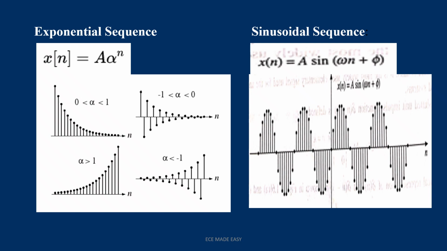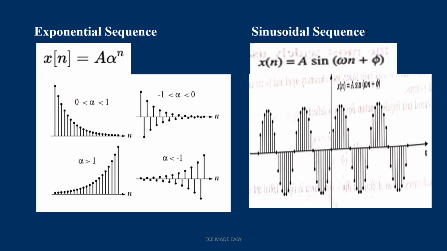Similarly, if alpha is less than minus 1, this is the exponentially increasing signal with one sample up and one sample down. Hence, depending on the values of alpha, we have the exponential signal which can be exponentially decaying or exponentially increasing. This is an exponential signal.